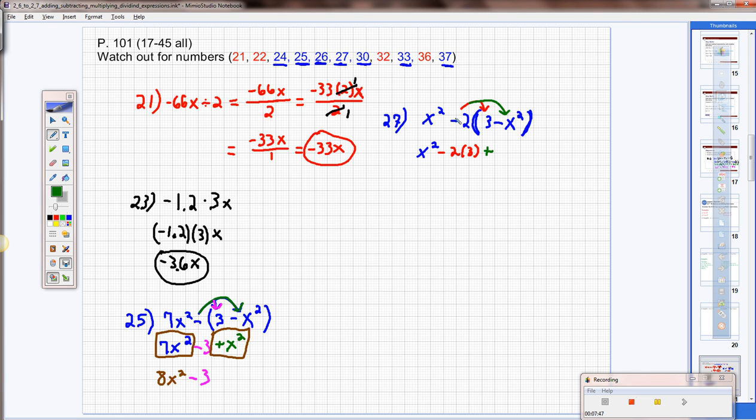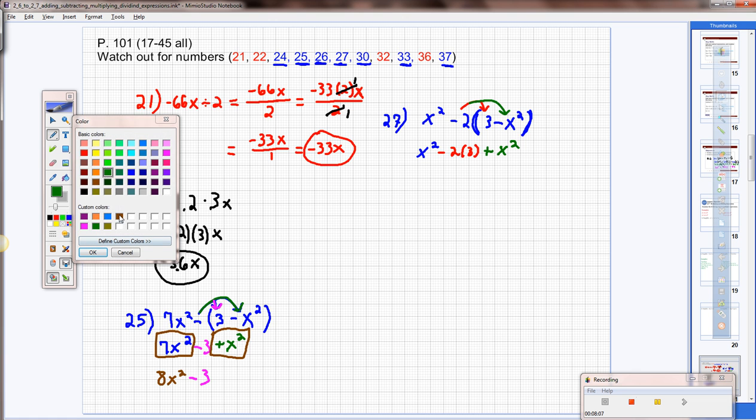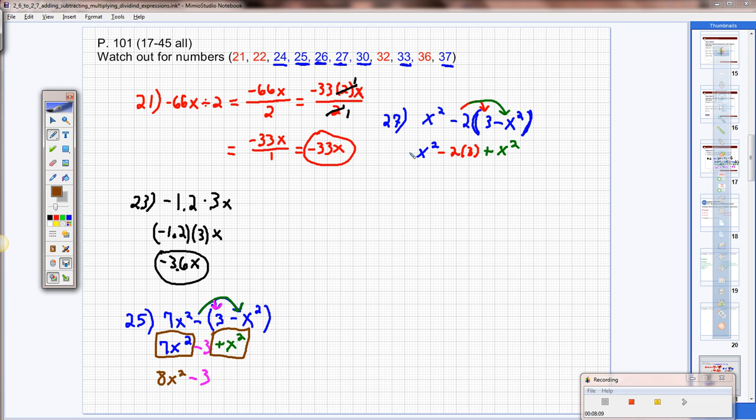Now understand, that is a minus, and that is a minus. A minus and a negative aren't exactly the same, but we could make that a negative. All right, so plus x squared. And now I combine like terms. I see the x squareds in there, and you should too. And that's 1x squared plus 1x squared.